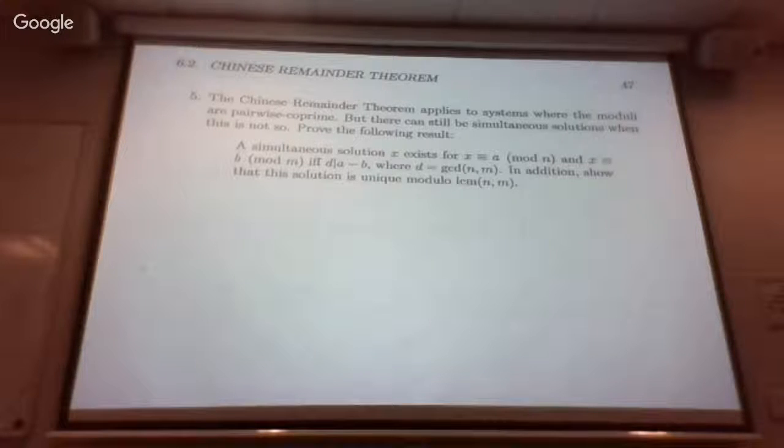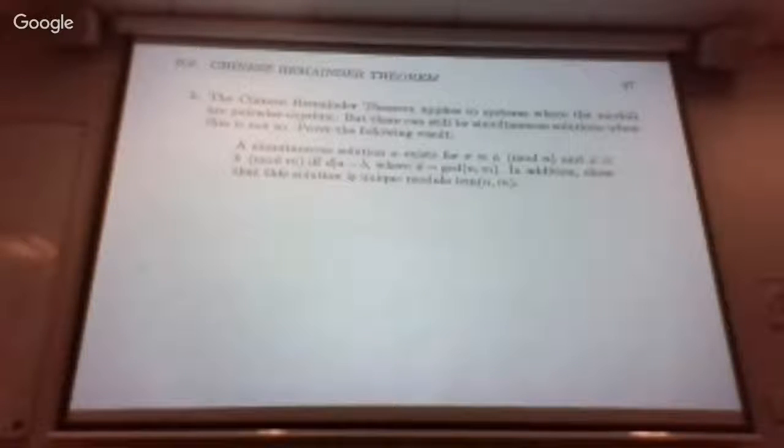For instance, let's just look at this result about a pair of things. So we'll consider this pair of congruences, x congruent to a modulo n and x congruent to b modulo m. But we're now making no assumption about co-primeness on the moduli.